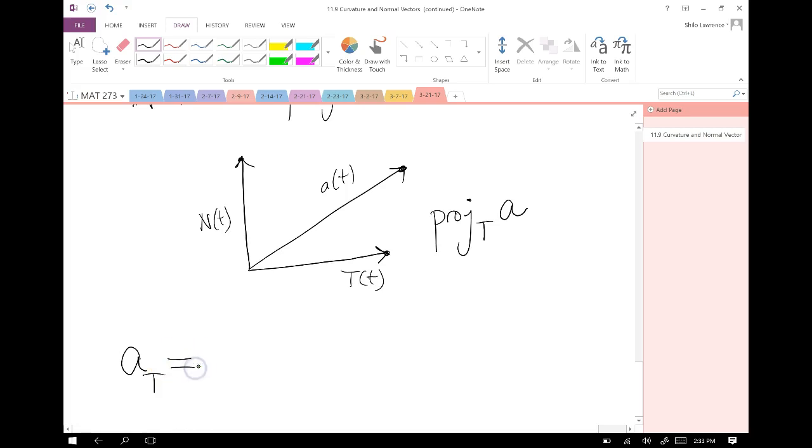This is just the coefficient. This is just the magnitude for the projection of my acceleration vector onto my tangent vector.